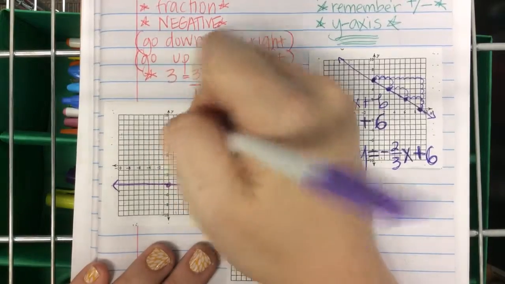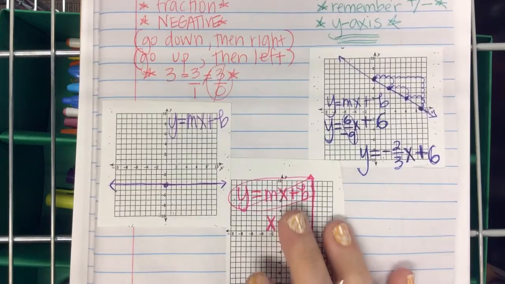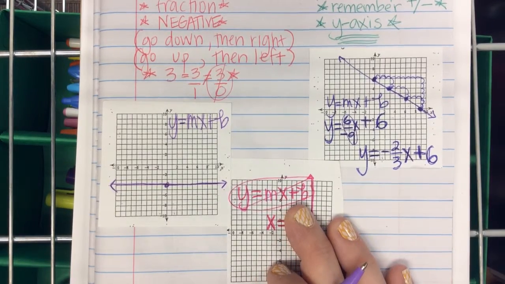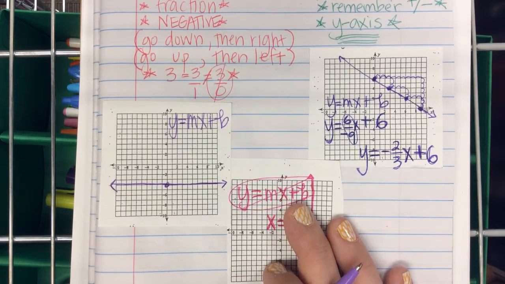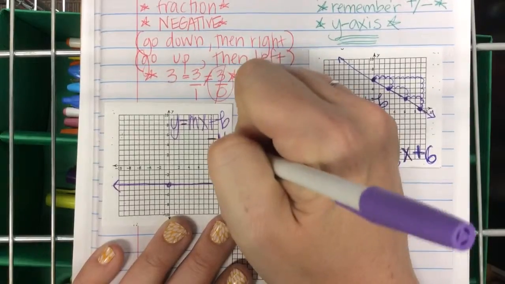So y equals mx plus b is our formula. And if I'm looking at this line, does it have a y-intercept? Yes, at -4.